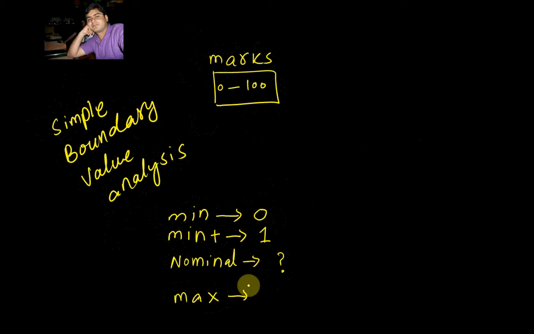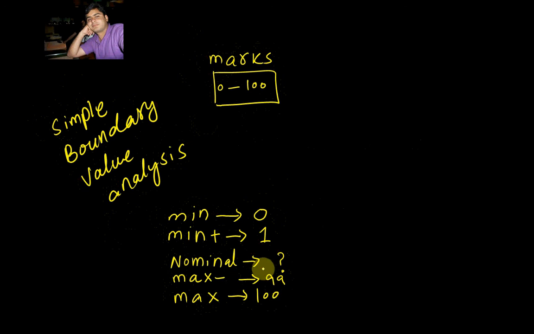And we need the max minus. Max minus means the value of max is decremented by 1. Here the max value is 100, then max minus should be 99.